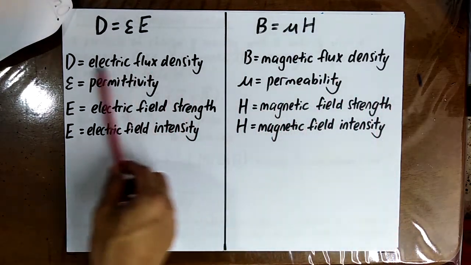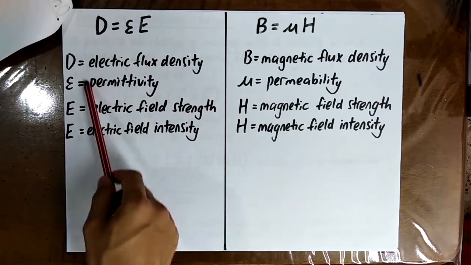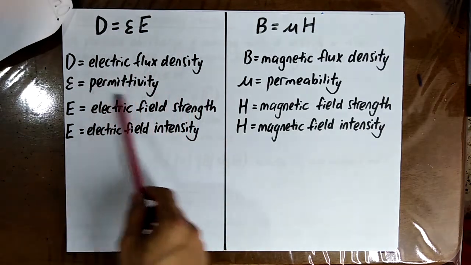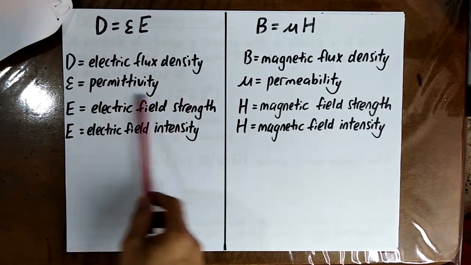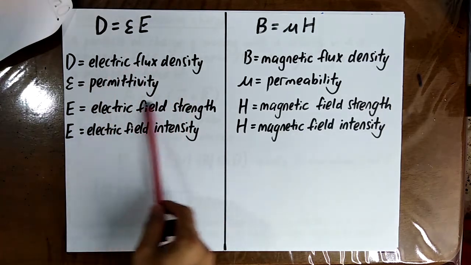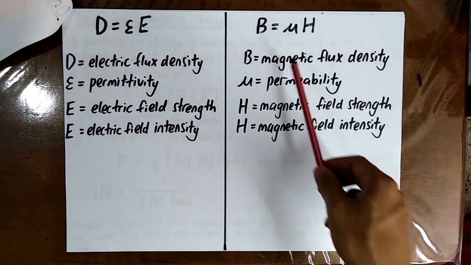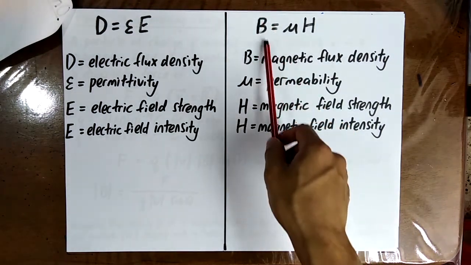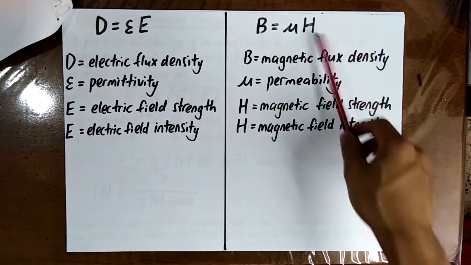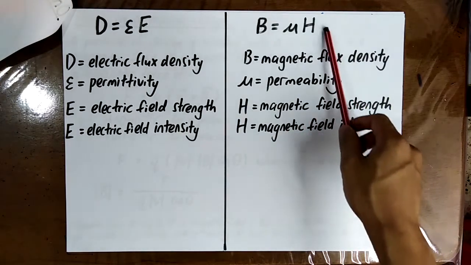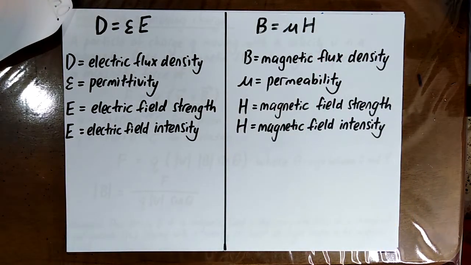Same as here, the permittivity of the medium is an indication of how much the medium allows the electric field lines to pass through. Of course, the higher the magnetic flux density, the higher the magnetic field intensity, because they are directly proportional.